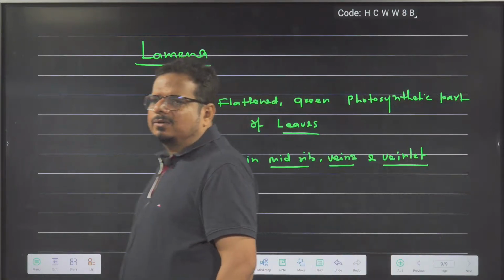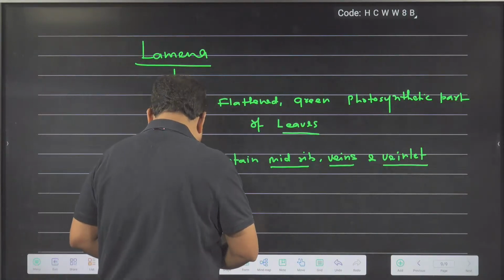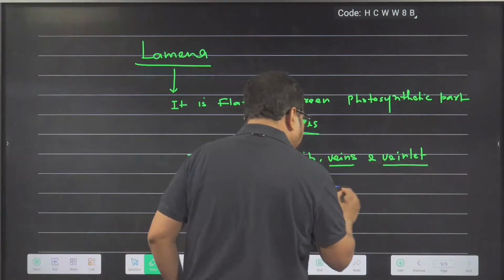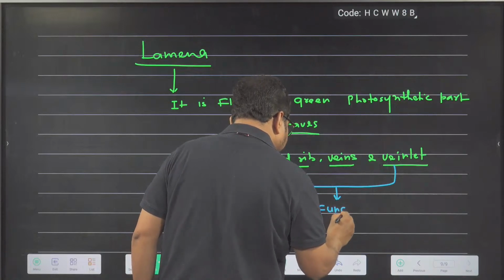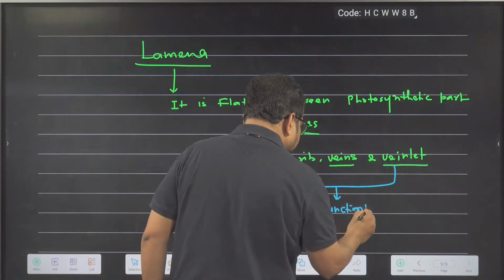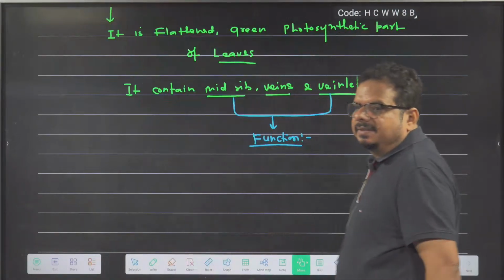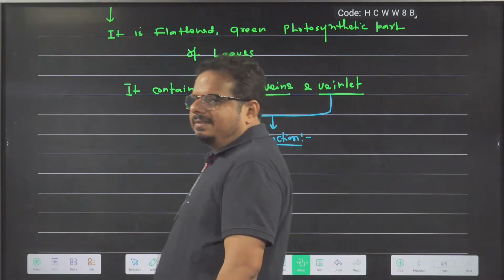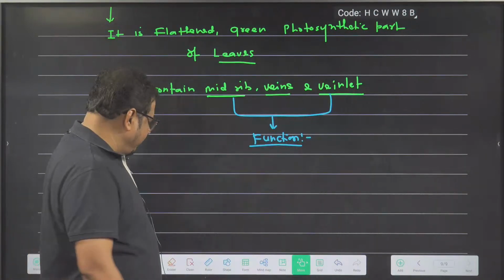Now I am asking a question to you. What is the function of these midrib, veins and veinlets? Tell me the function of these which are present on the lamina. Pin the answer.